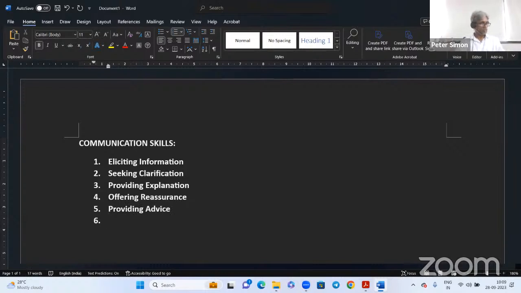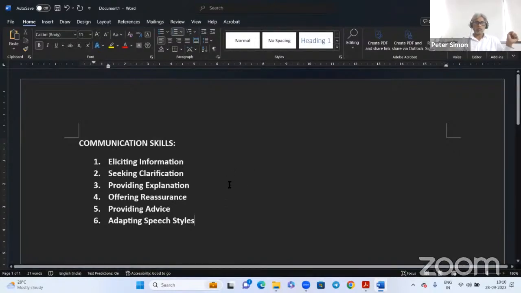Number six, adapting or adjustment, adapting speech styles. Now, these are the 6 different things which are very, very important.